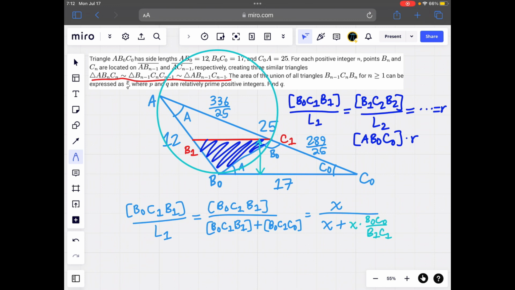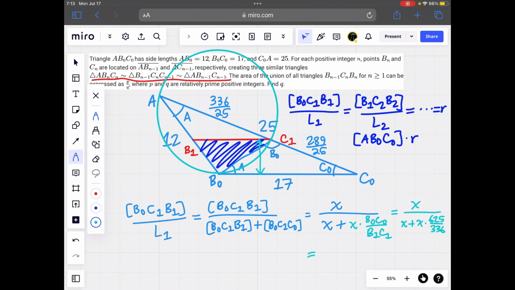Because x was the area of triangle B0B1C1, which had a base B1C1, but the other triangle has the base B0C0. That's why we're multiplying by this scale factor. And that's just equal to, by similar triangles, x over x plus x times AC0 over AC1. That's just 25 over 336 over 25, which if you multiply both by 25, you get 625 over 336.